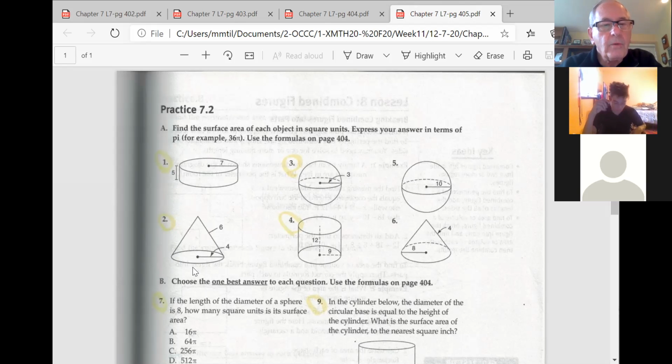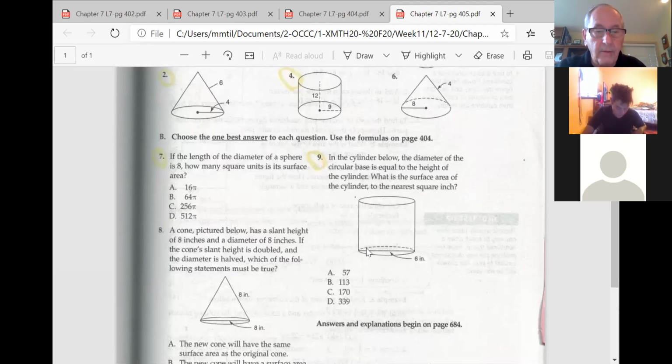And here's a cone. So the base plus the surface area of the cone part of it, and you use the slanted height in that formula. That's what 6 is in that case. Then you're back to a cylinder again. Then you're back to a cone. Anyway, so just use those formulas, and you can figure that out.